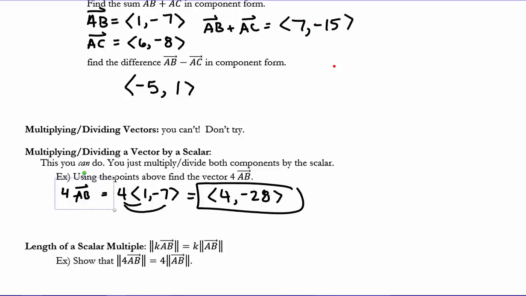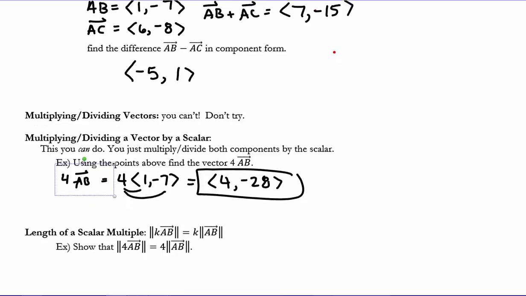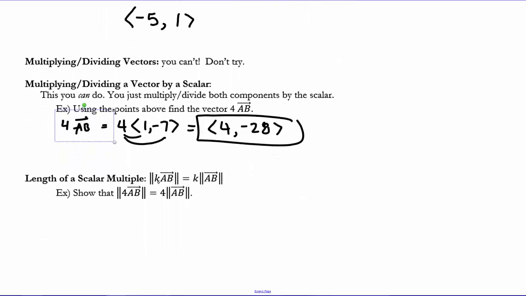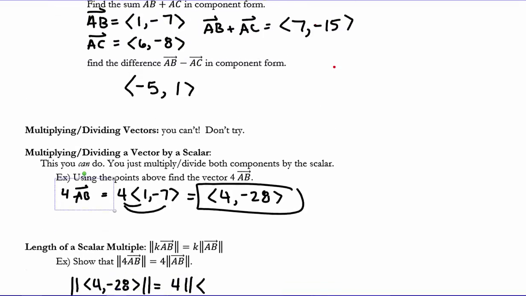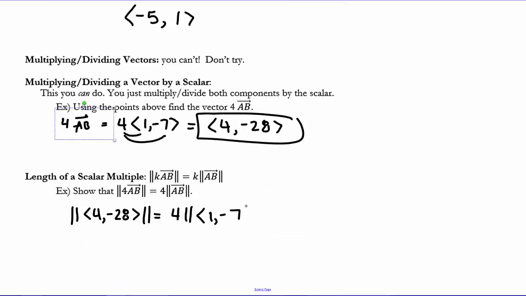Now what happens to the length? If you multiply a vector by a scalar, what's going to happen to the length of that? Well, if you multiply a vector by some scalar k, that just multiplies its length by k. So we're going to show that right now. I want to show that the magnitude of 4, negative 28 is equal to 4 times the magnitude of regular vector AB, which was 1, negative 7.